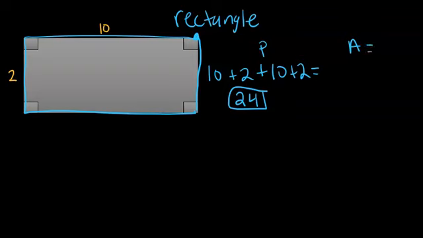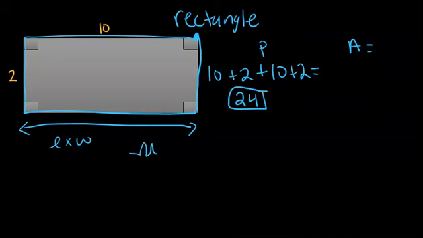Well, the area of a rectangle is going to be length times width. So the length is right here, right? Imagine like a cat just hanging out.